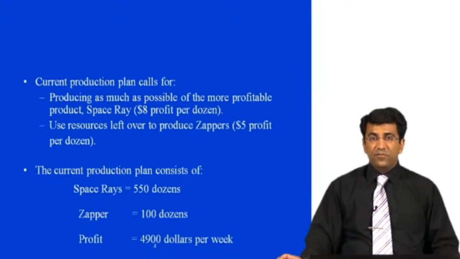But again, we will check with our linear programming technique whether this production plan will give us the optimum solution or not. That is very important, because this production plan at this stage is maybe just on the basis of observations.